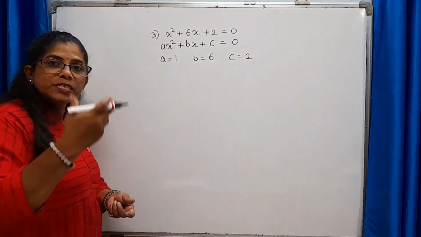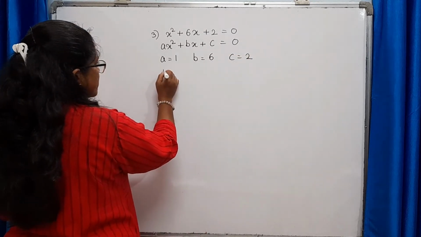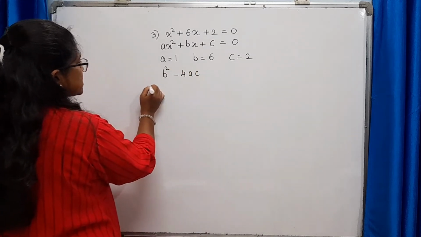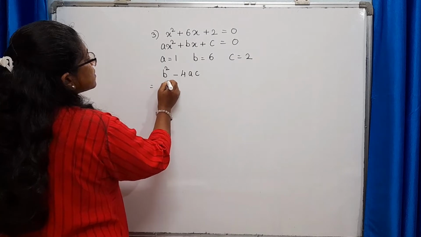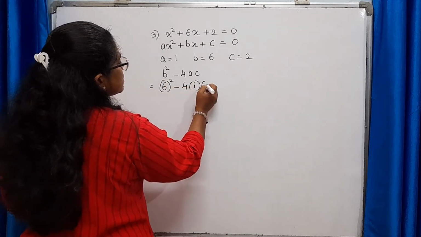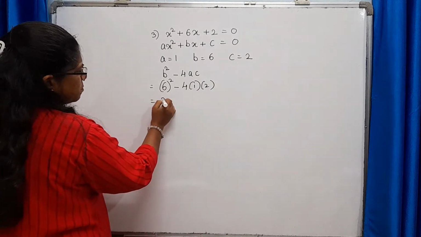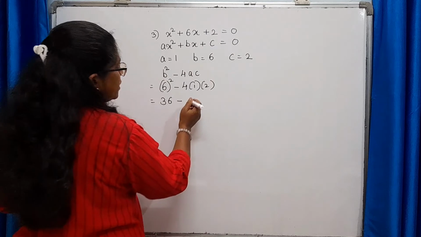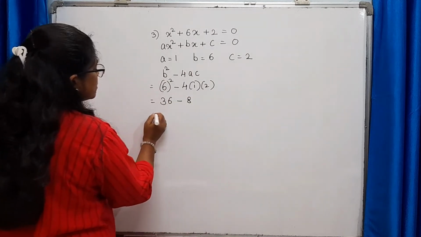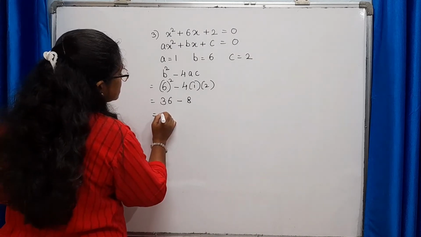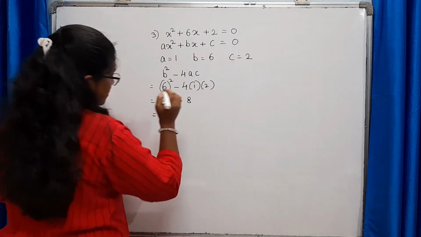Let us find b square minus 4ac. 6 square minus 4 into 1 into 2. b square is 36 minus 4 ones are 4 into 2, it's 8. 36 minus 8 is 28.